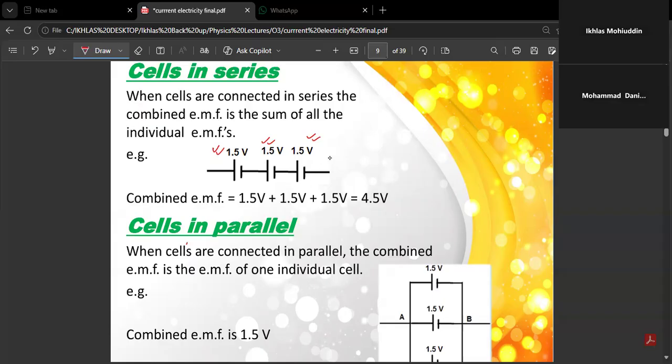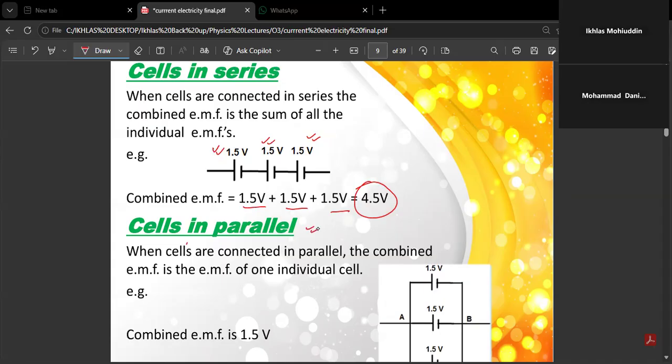So this circuit is called a series circuit, and we want to find out the combined EMF. We need to add all the individual EMFs of each cell in order to find the combined EMF of the circuit, which will be equal to 4.5 volts, right?